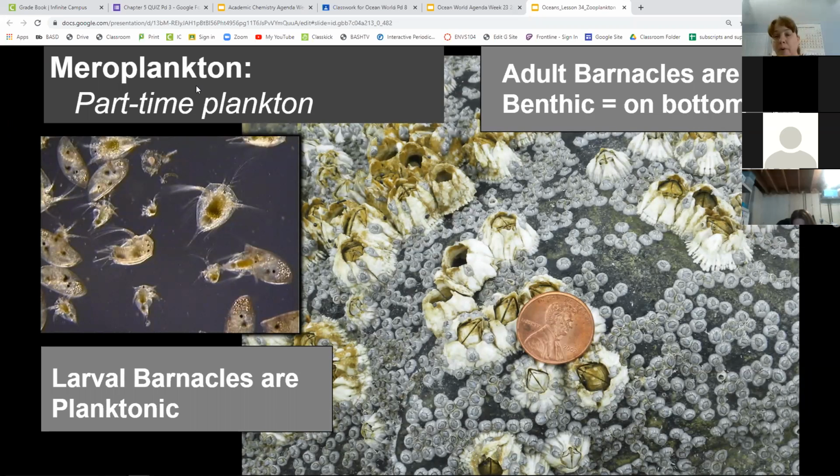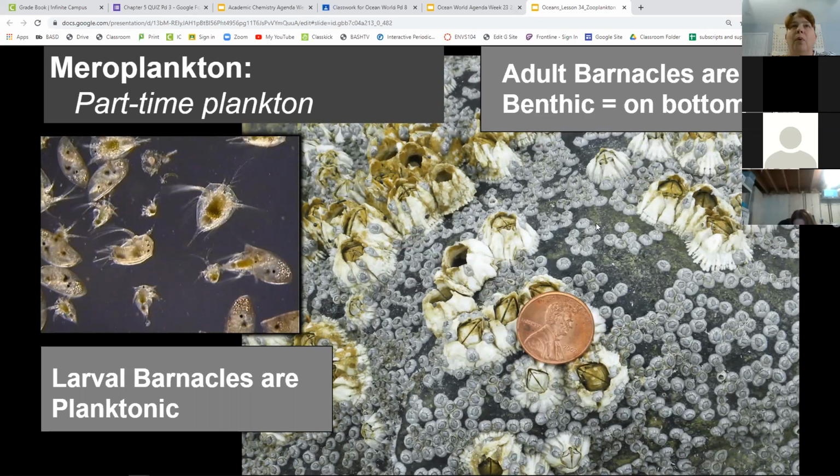Meroplankton just means that part of the life cycle is spent as plankton. There's quite a large number of organisms that have meroplankton. It's usually their larval forms that live in the water column, and then once they become adults, they become benthic organisms or free swimming.